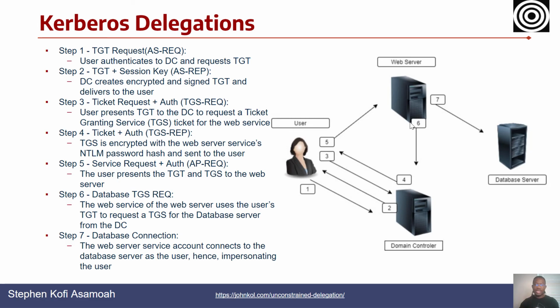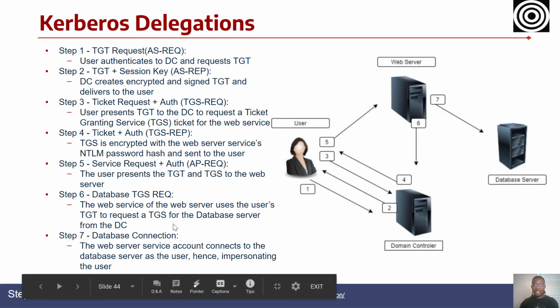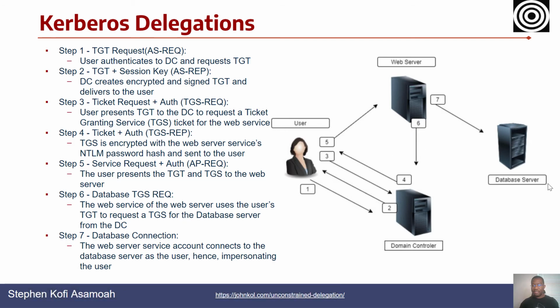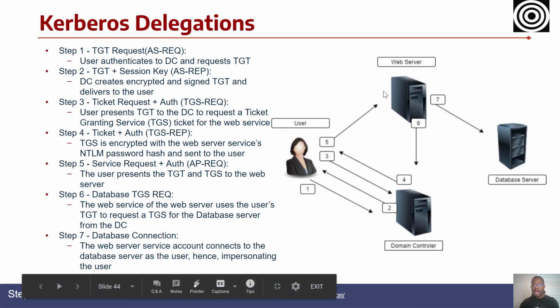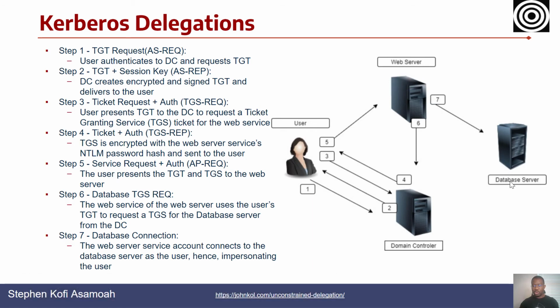You get the point. The second and the seventh point is once we now have the TGS for that database server, now the web server can connect to the database server on behalf of this user, hence impersonating this user. All right.